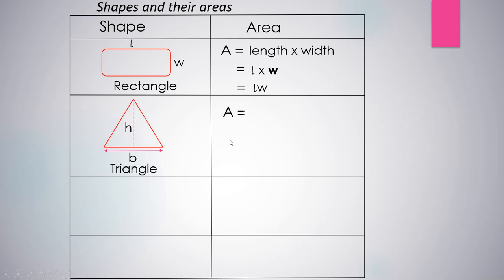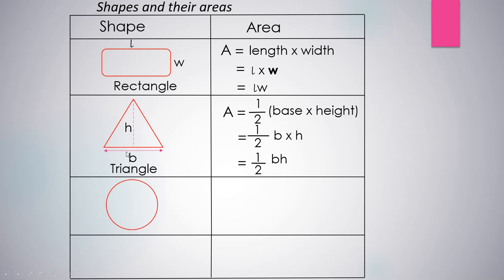Area A is given by a half into bracket base times height, or simply a half times B times h, or a half B h, where B is the length of the base and h is the height of the triangle from the base to the peak here. That you know very well.